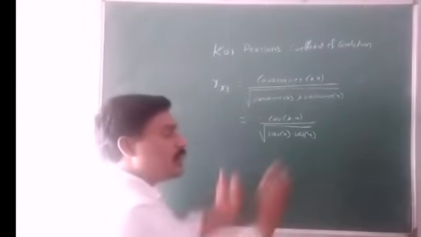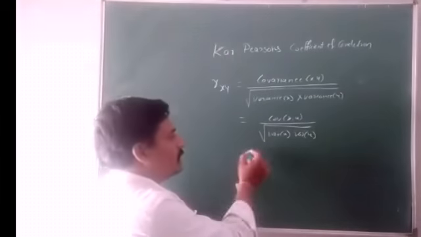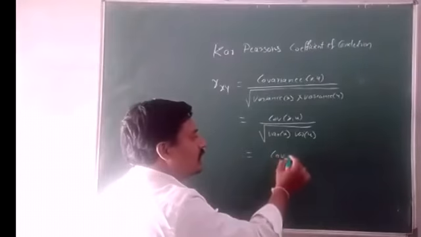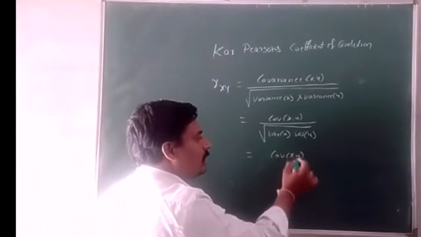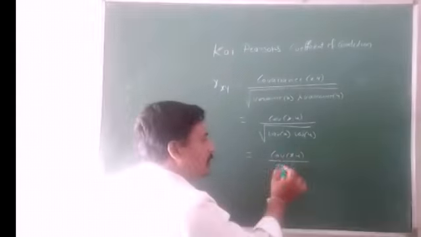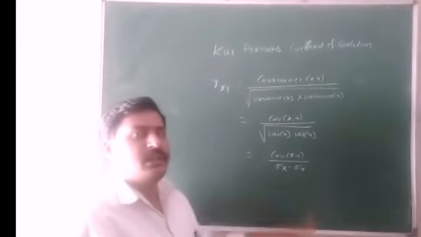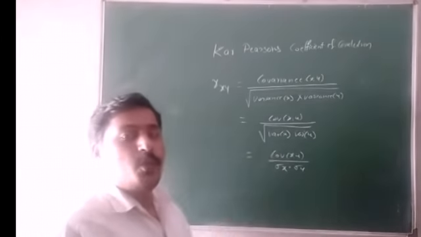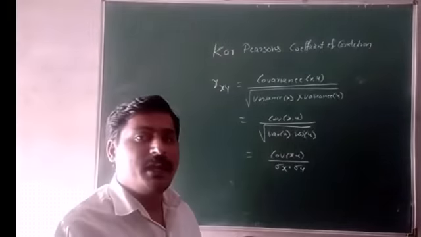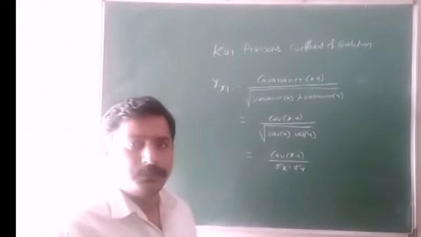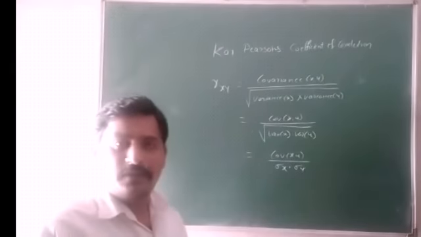We can simplify it and write covariance of xy divided by sigma x into sigma y, that is, standard deviation of x and standard deviation of y, because variance is nothing but the square of the standard deviation. So this is the common formula.